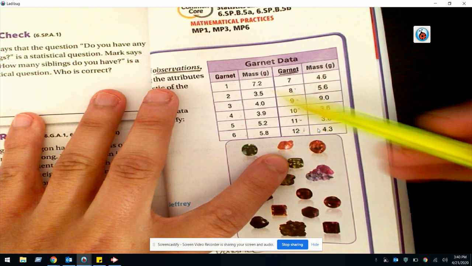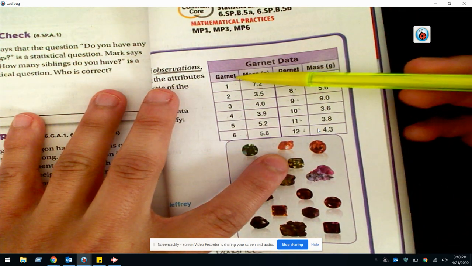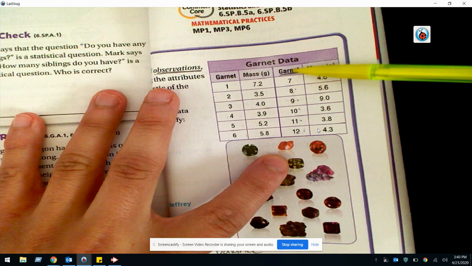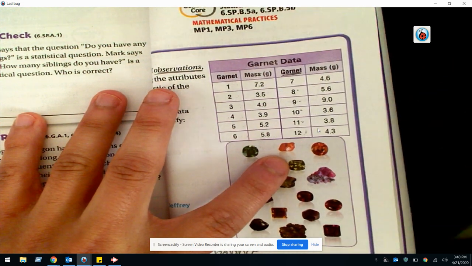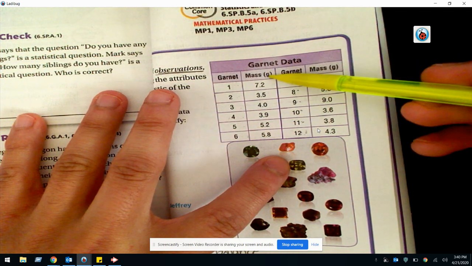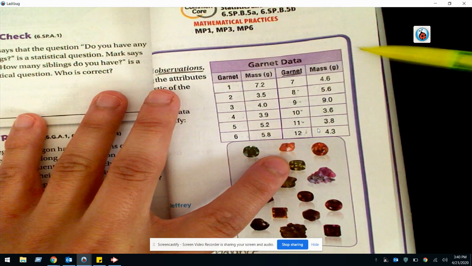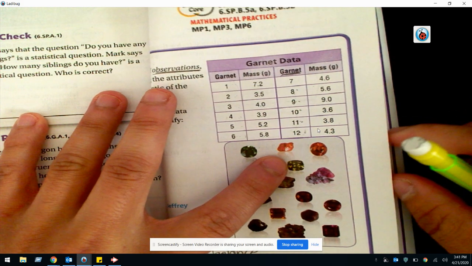Although there's only 12 here, in Mr. Castaneda's class, we have 19 math students. So you can think about there would be 19 students or 19 garnets. And the mass can be referred to as either the inches or the centimeters, whichever we would choose. Okay?